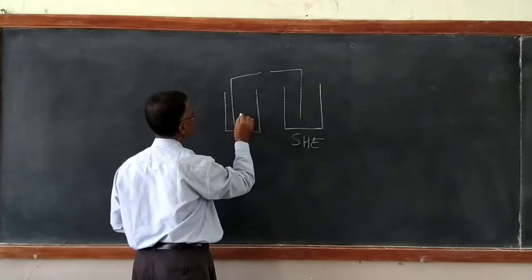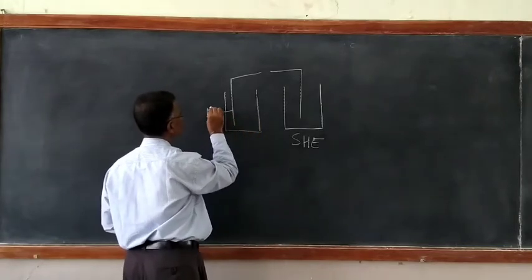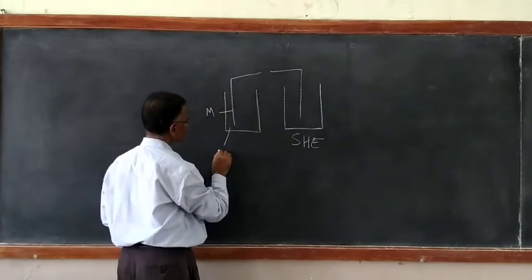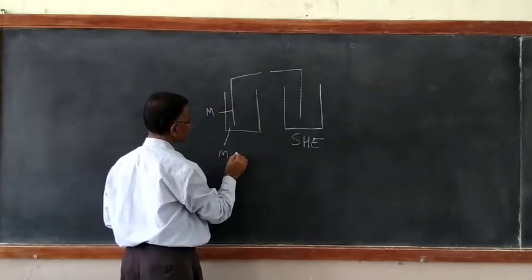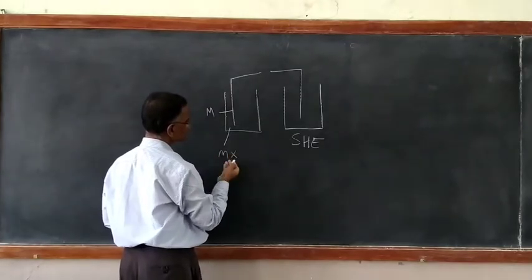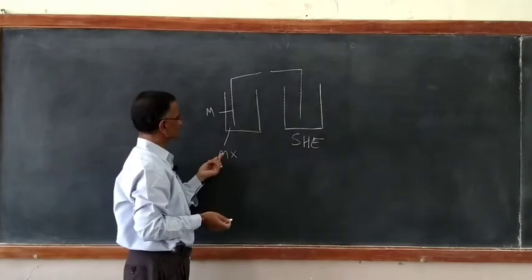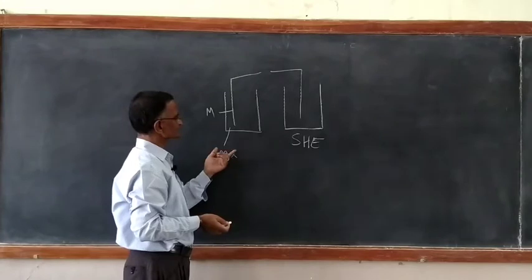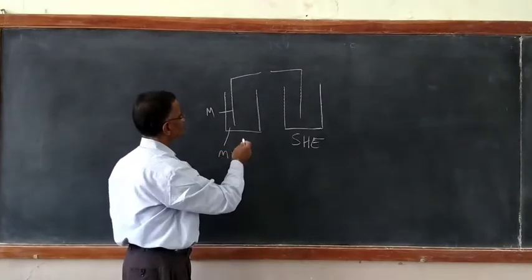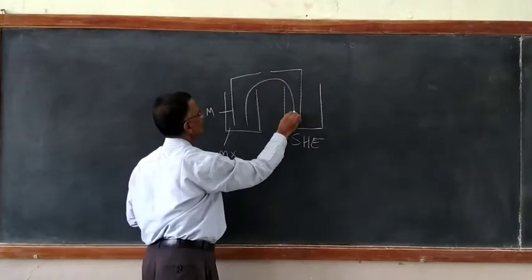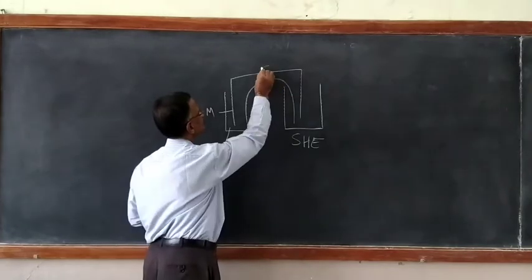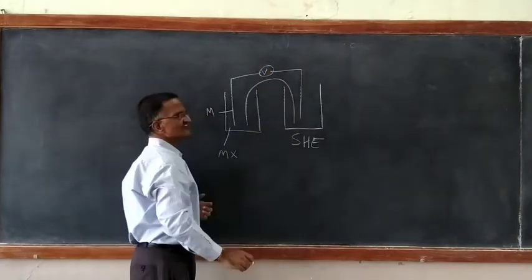For example, this is my metal M. What is the salt solution? MX. It can be NaCl, MgCl2, whatever it is. It depends on the valencies of this MX. Now, I have a salt bridge. In the circuit I have my voltmeter.